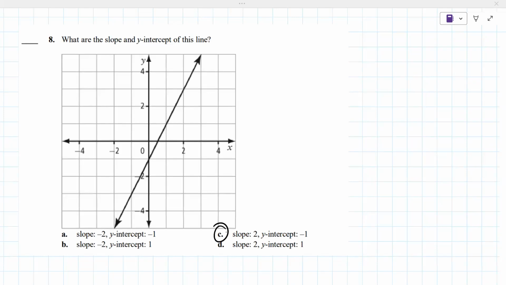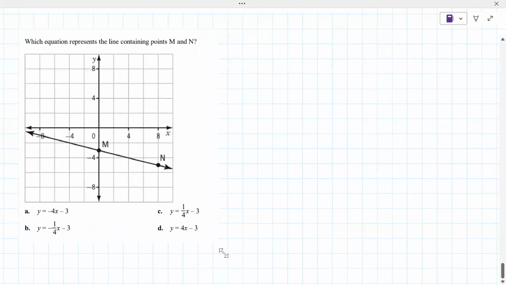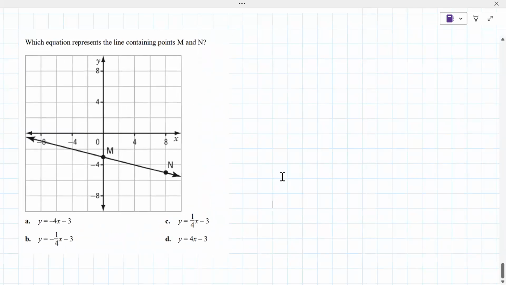Let's try one more. Let's do the equation of a line. And would it be B?